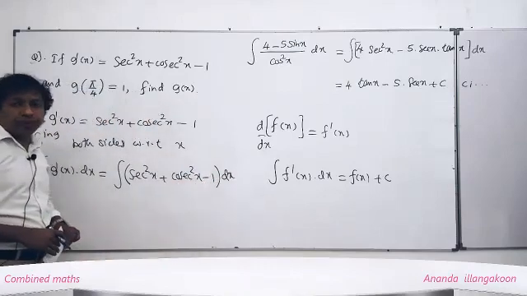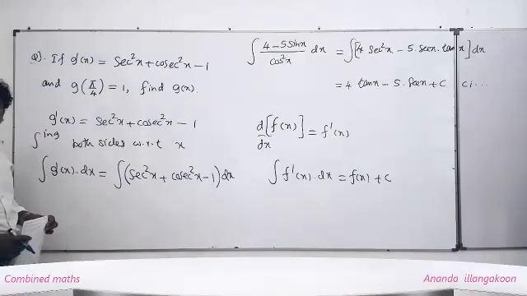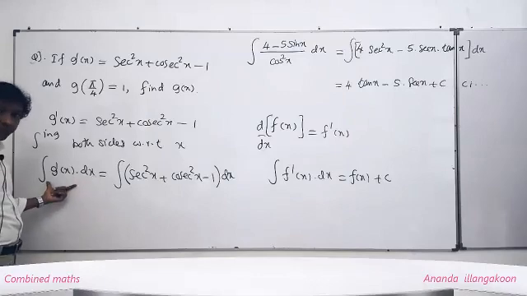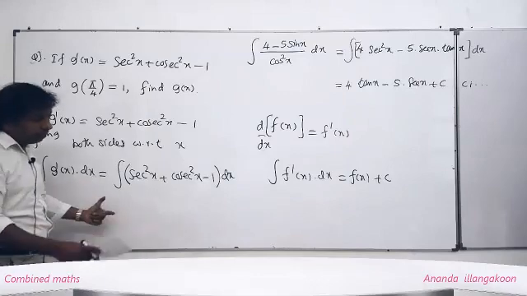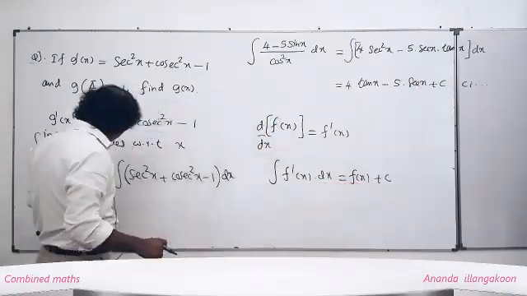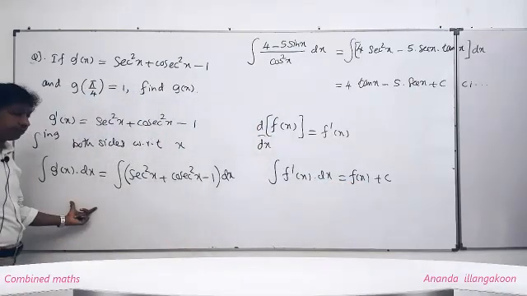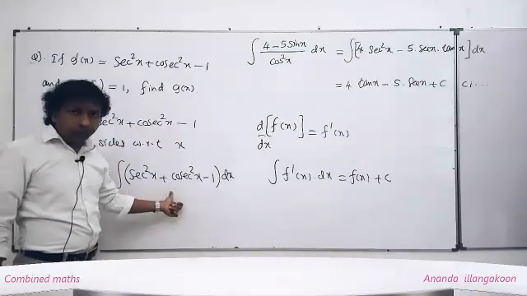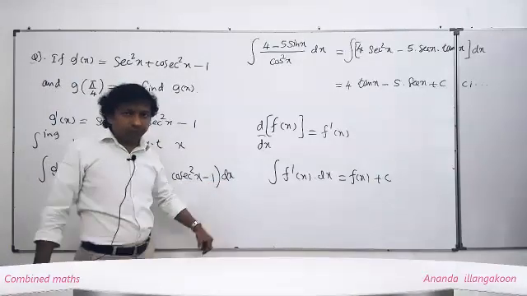After integrating, we have to add the constant. After integrating this, we get g(x). Integrating f'(x), we get f(x) plus c, and like that here we write g(x) plus c. Integrating the right hand side, we also have to add another constant.